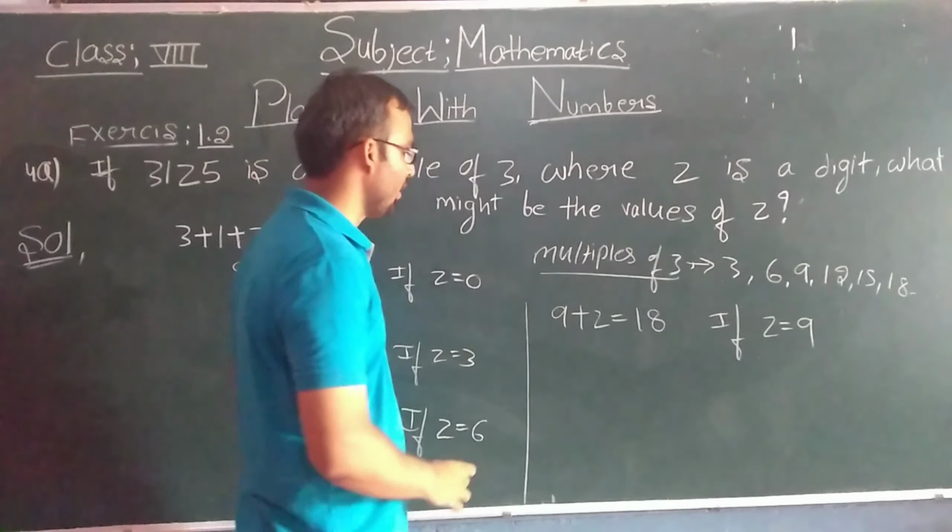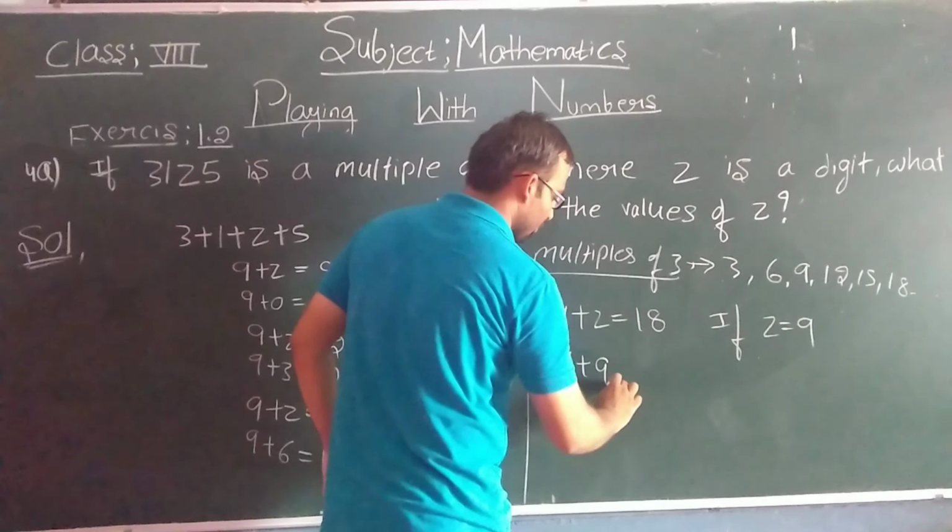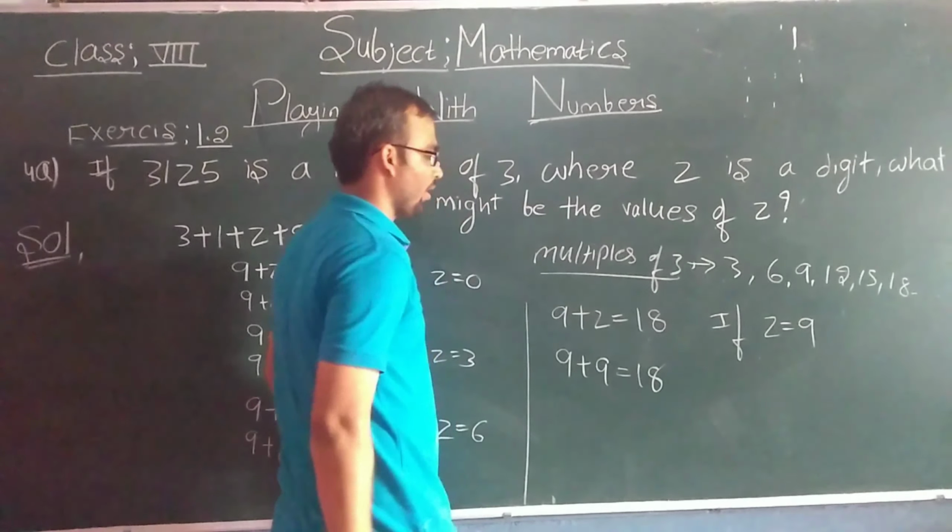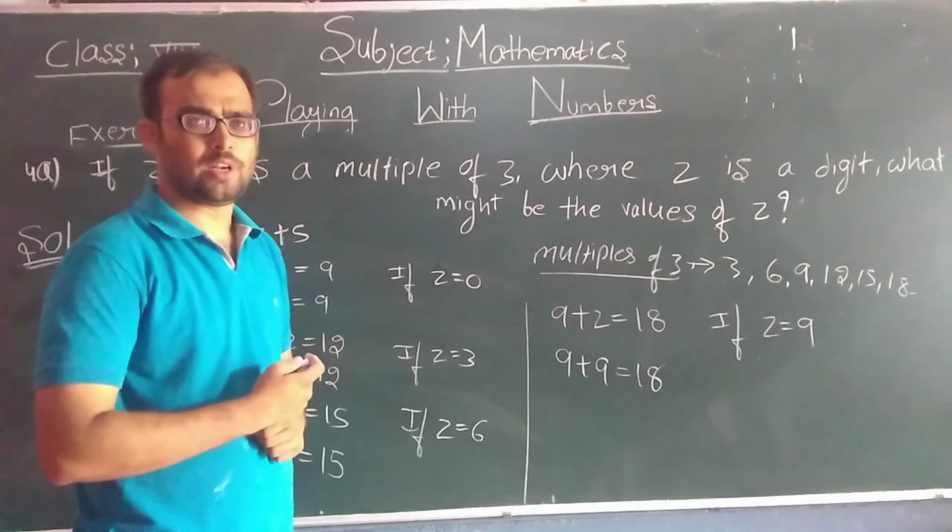If z is equal to 9, this 9 plus z will become 18.